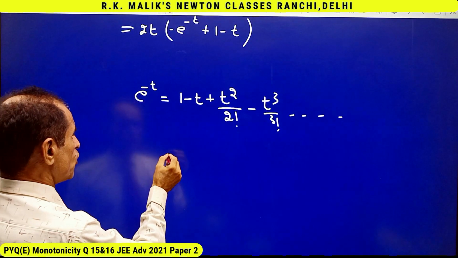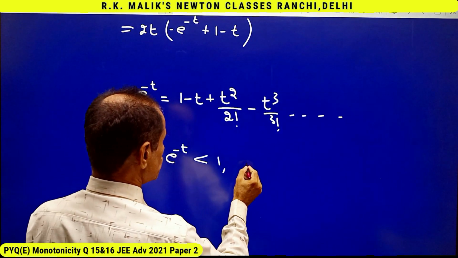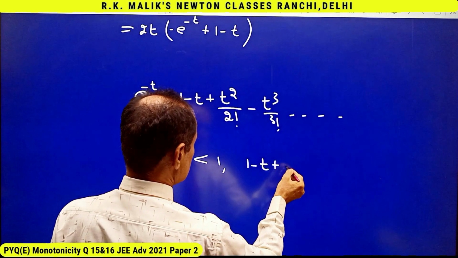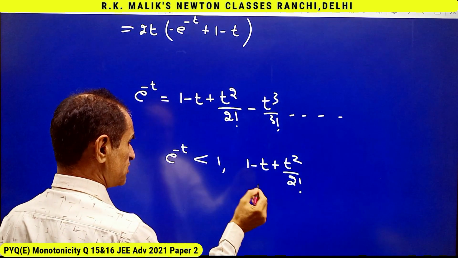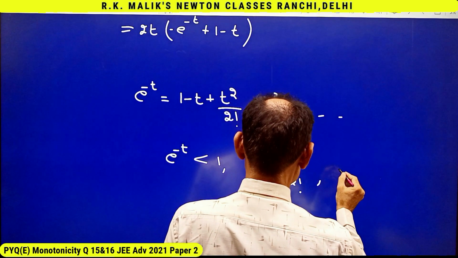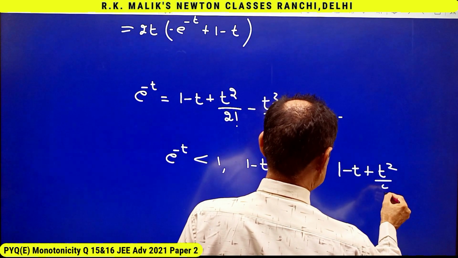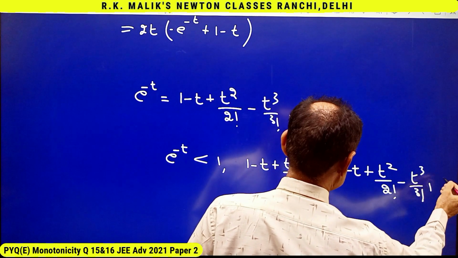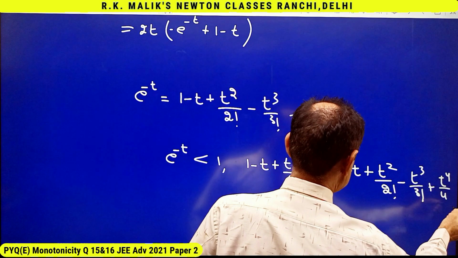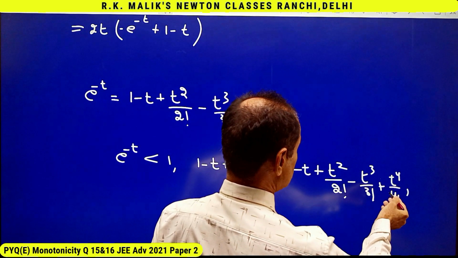Remember that the value of e to power minus t is sure to be less than 1 also. 1 minus t plus t square by 2 factorial, the value of this is less than this also. The value of this is less than 1 minus t plus t square by 2 factorial minus t cube by 3 factorial plus... here I have gone up to t square, here I have gone up to t to power 4.